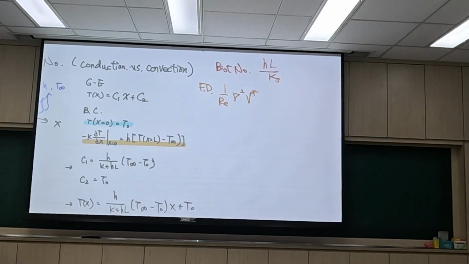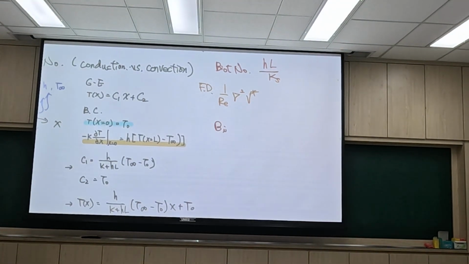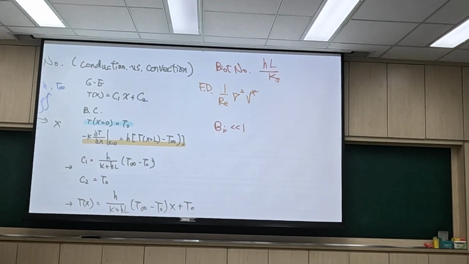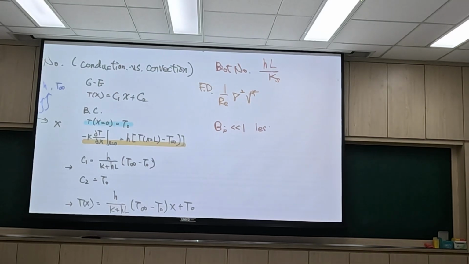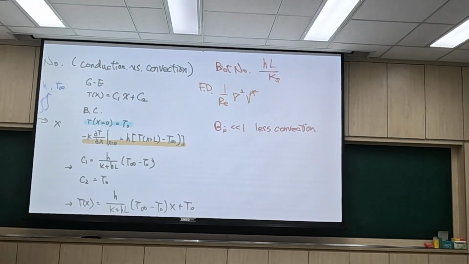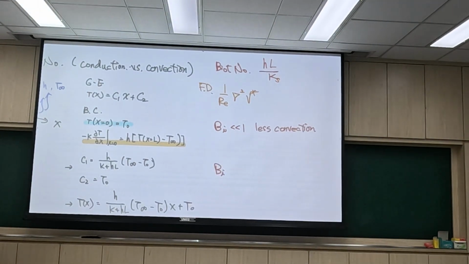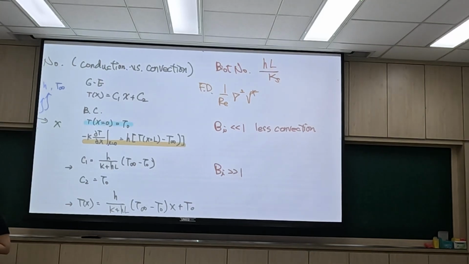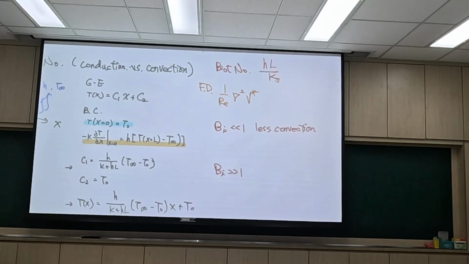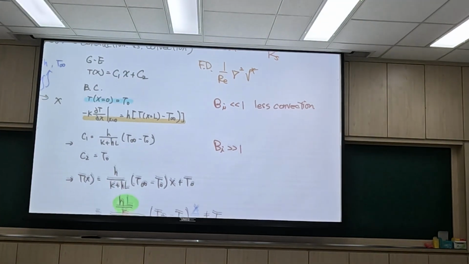So we just give you some conclusions. If the Biot number is less than 1, which means we have less convection. If the Biot number is bigger than 1, much bigger, not 1.1, which means we have more convection.